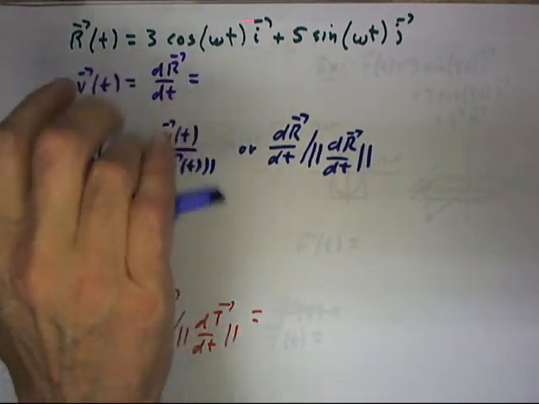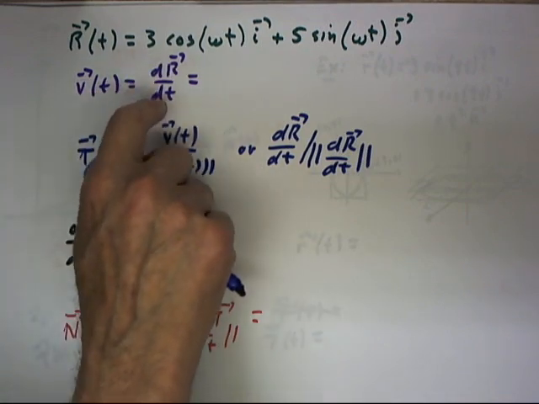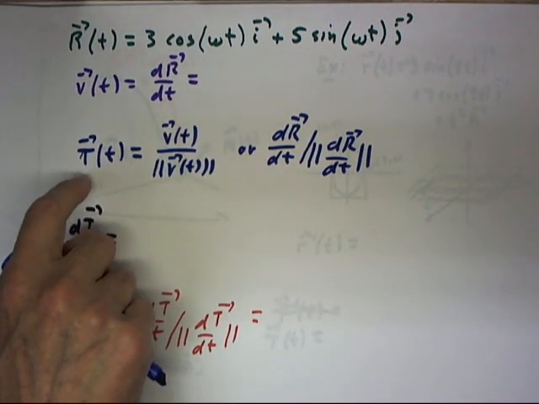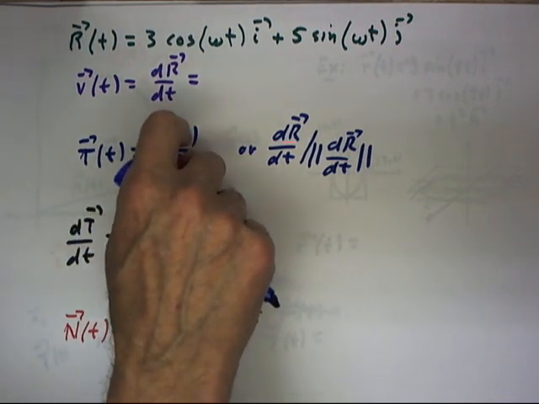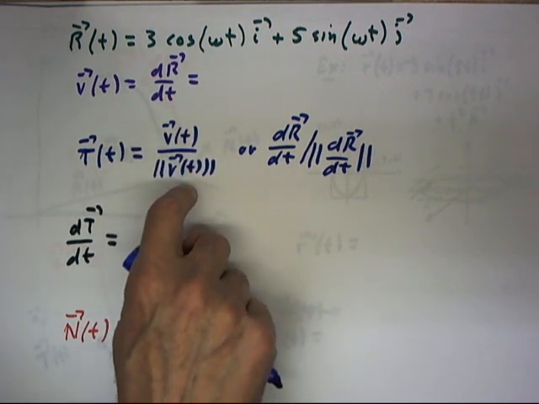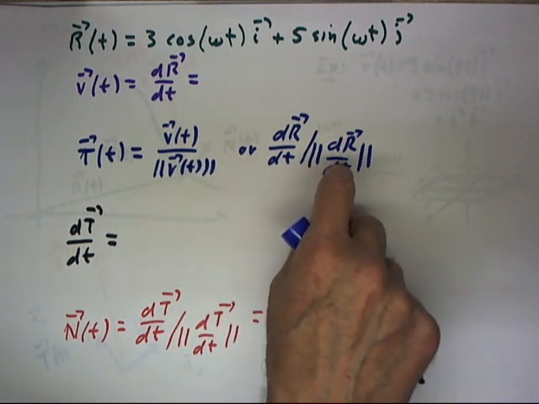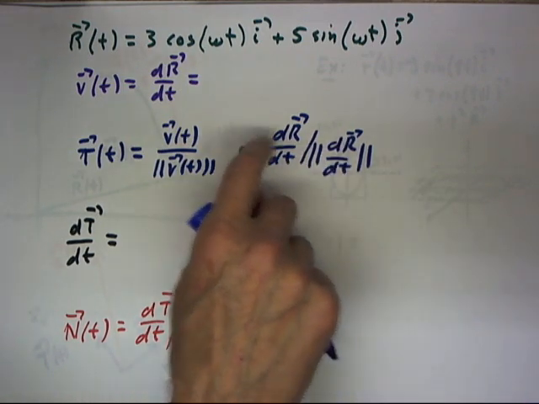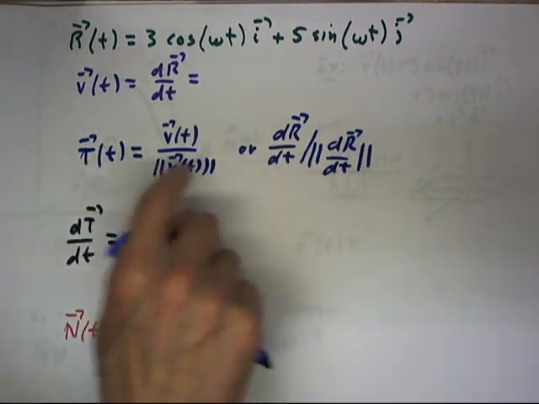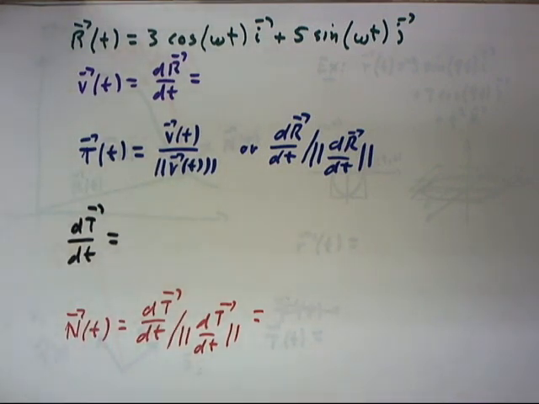If we use the time interpretation, this dr dt vector is a velocity vector, so our unit tangent is thought of as velocity over the magnitude of the velocity, giving us the direction. The dr dt over magnitude dr dt notation also gives us our unit tangent vector.